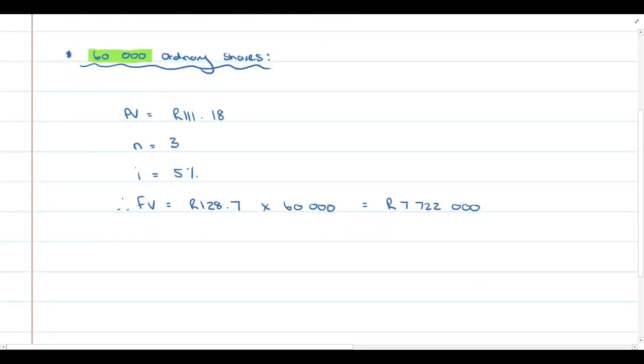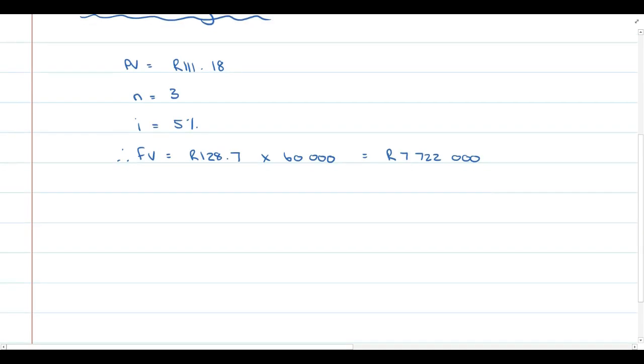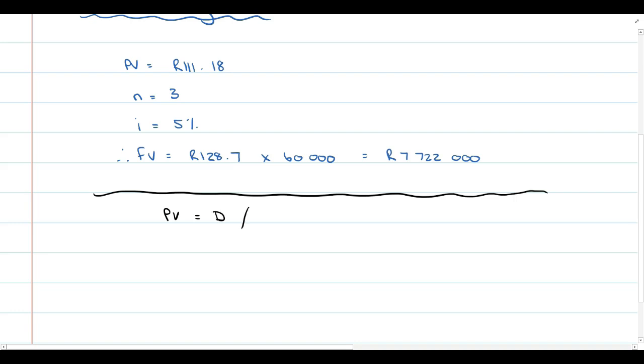If you don't like that calculation, you could have also performed the calculation using Gordon's dividend growth model. Using Gordon's dividend growth model, we take the future expected dividend and we divide by the cost of equity less growth to get our present value.